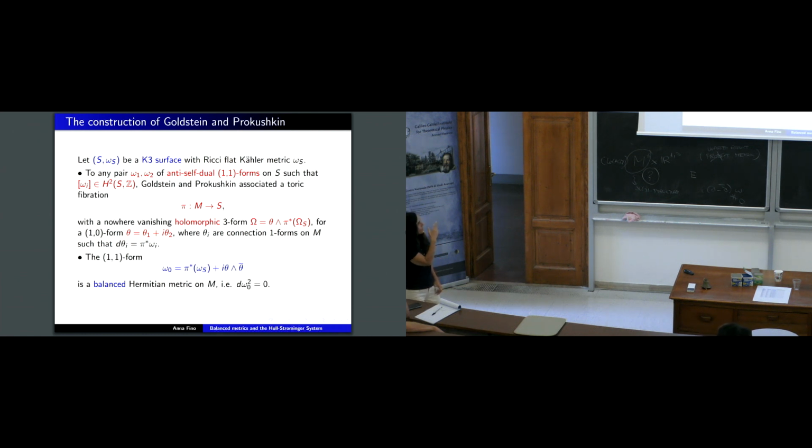And let's go to the construction by Goldstein and Prokushkin. That generalizes the Calabi-Eckmann construction, in fact, because you start with a K3 surface with a Ricci-flat Kähler metric, small omega S. I will denote by big Omega S the holomorphic 2-0 form. So every time you take a 2 anti-self-dual 1-1 form, you just need, okay, there I forgot to put 1 over 2 pi. I should put that, but I forgot about that.